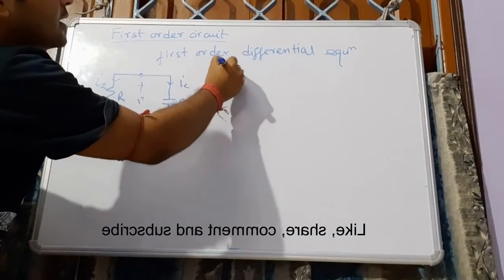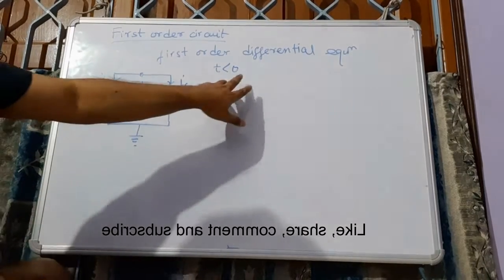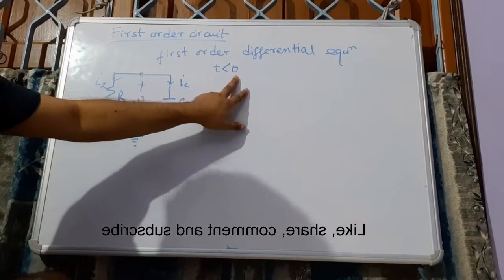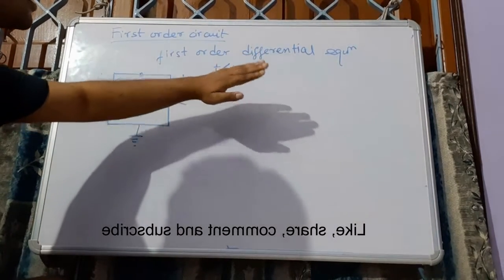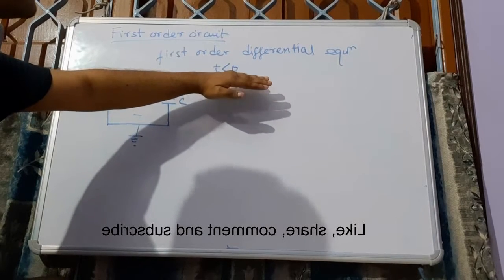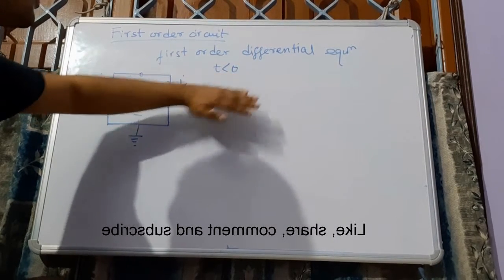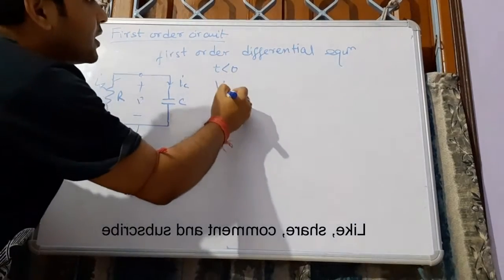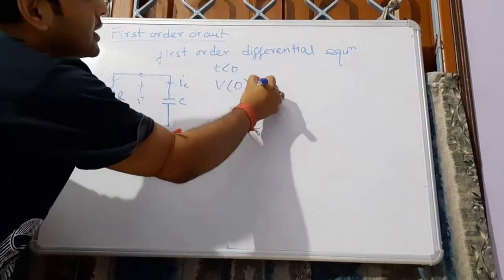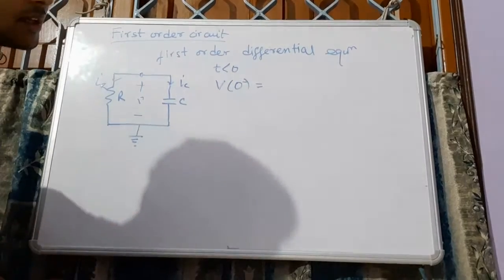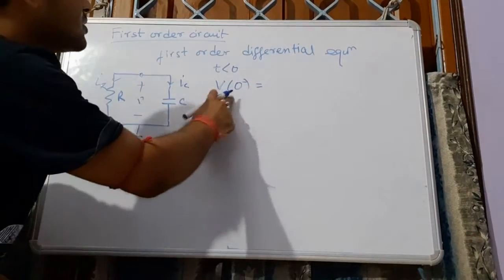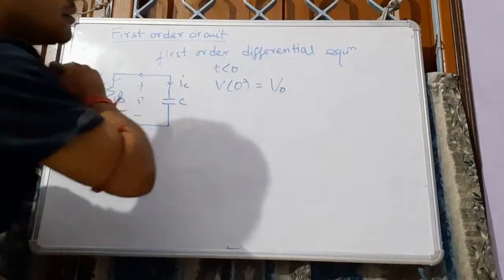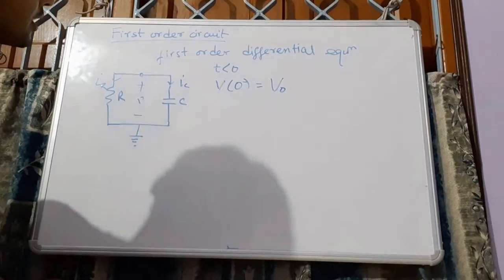So consider for t less than 0, means at the very starting time the capacitor is already charged. So you can write V0 minus, say V0.